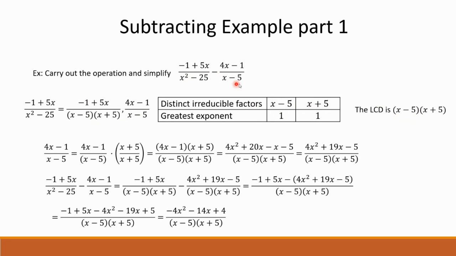This, however, we have to manipulate. No big deal. We want the denominator to be x minus 5 times x plus 5. We have the x minus 5, so we must multiply the denominator by x plus 5. And we do the same thing to the top.